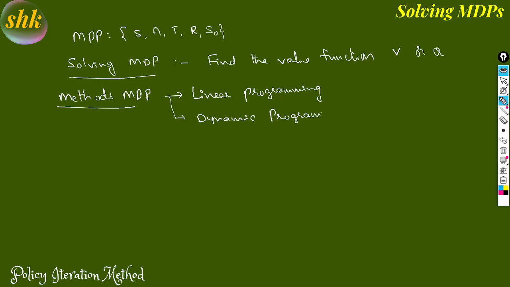In dynamic programming, we can approximate the value function at a faster rate. There are basically two methods in dynamic programming: one is policy iteration and the second is value iteration.